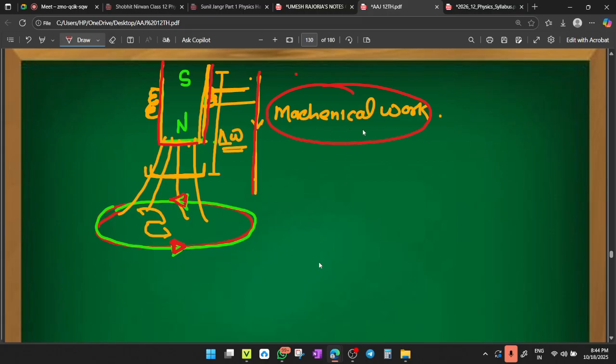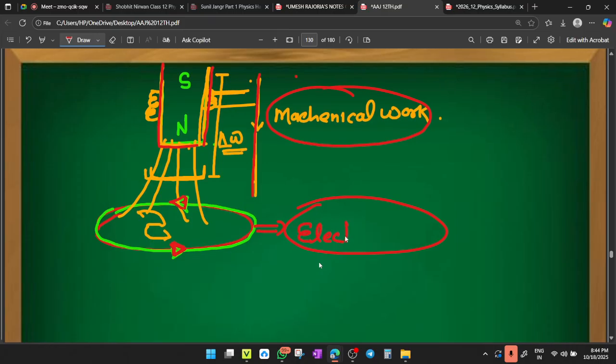So simply, mechanical energy is converted into electrical energy. Clear, beta? So this is electromagnetic induction. Here the mechanical work is converted into electrical energy.